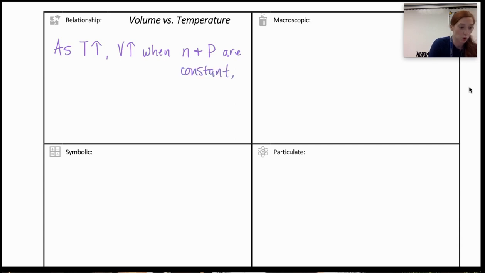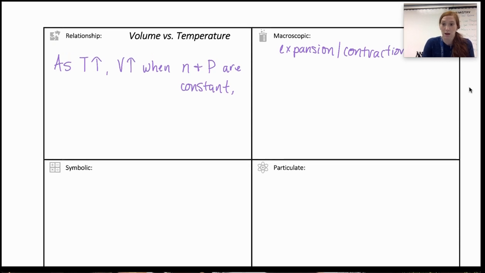Okay, a perfect example of this is the balloon and the hairdryer, right? This is going to be because of expansion and contraction, because of our change in volume at the macro level.